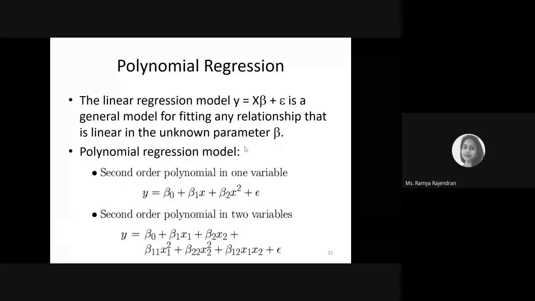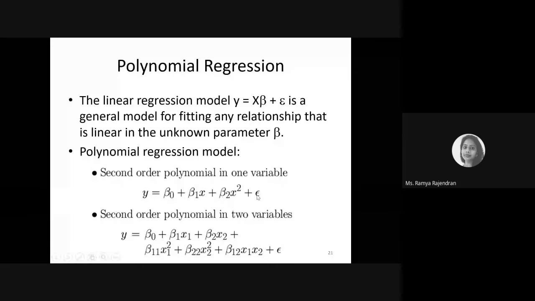For example, linear regression for two variables is just y equal to beta plus beta x, with only one independent variable x. But the formula for a second order polynomial is y equal to beta naught plus beta 1 x plus beta 2 x squared plus error.